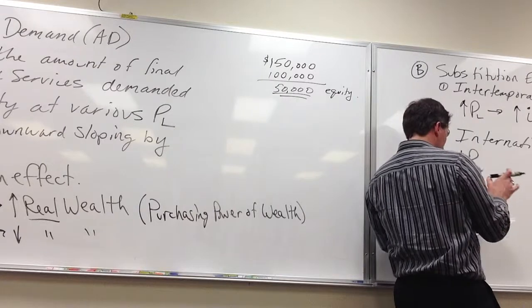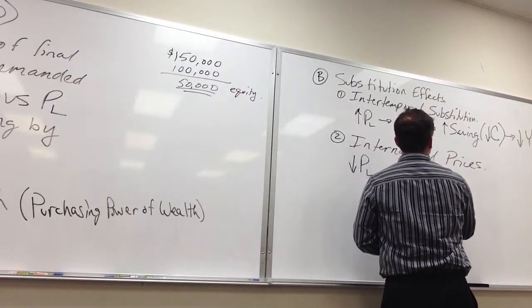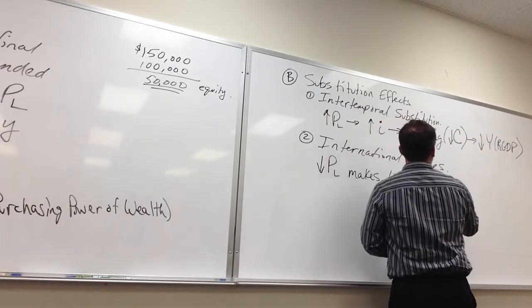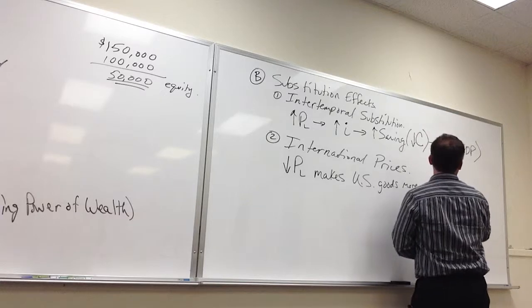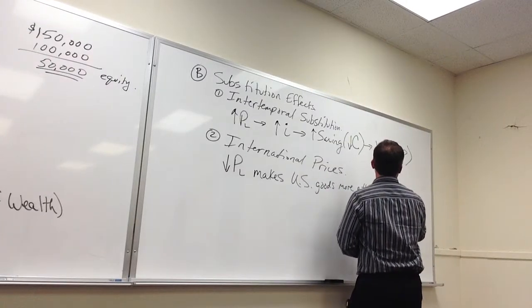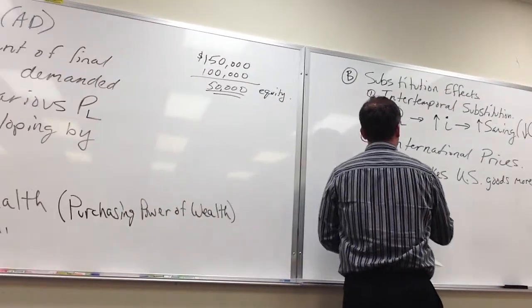So a decrease in the price level makes U.S. goods more attractive than ROW goods, the rest of the world's goods.